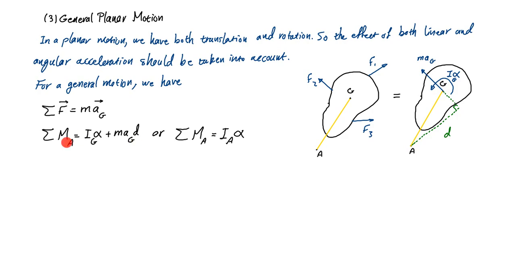Or you can just find the mass moment of inertia about point A. If you know the mass moment of inertia about the center of gravity, going from there to the mass moment of inertia about point A is just using the parallel axis theorem, if you remember that. So this equation is the same as this equation, and this term includes both of these two terms. So keep it in mind.